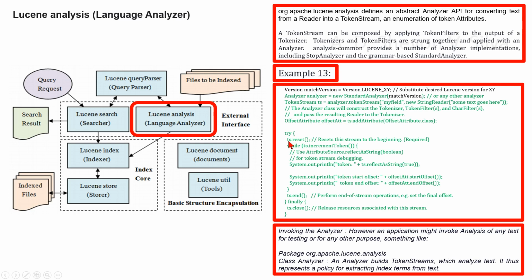Reset this stream to the beginning, as required. Use AttributeSource.reflectAsString(boolean) for token stream debugging.